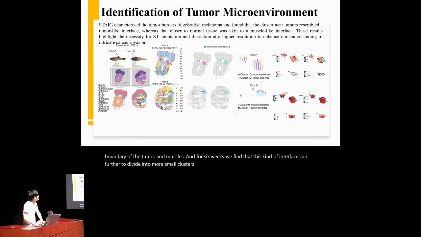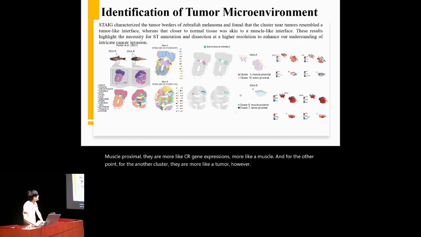In these two clusters, one cluster is muscle proximal; its gene expression is more like muscle, and the other cluster is more like tumor.